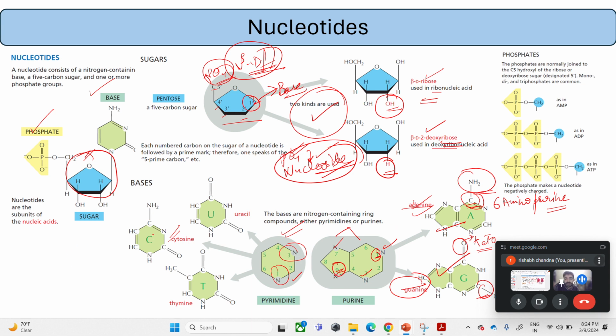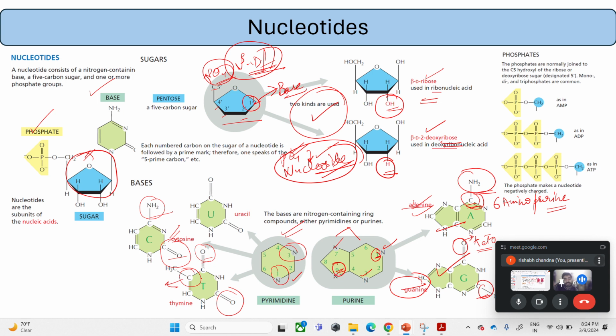Cytosine has an amino group at the fourth position and an oxo group, or keto group, at the second position. Talking about thymine, it has three groups: two oxo groups at the second and fourth position, and at the fifth position we have a methyl group.